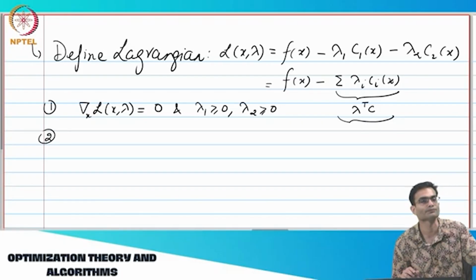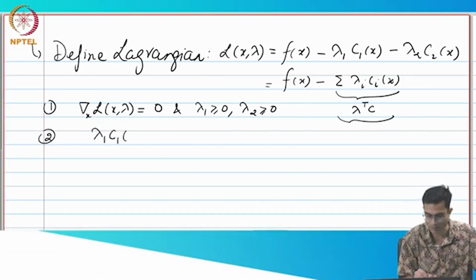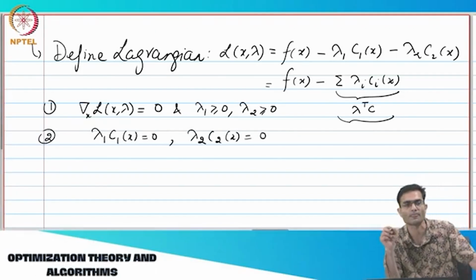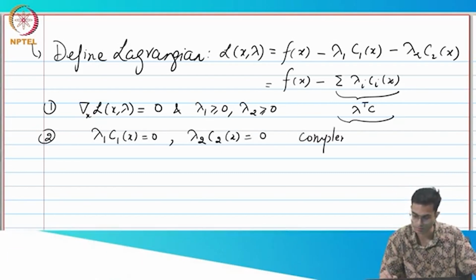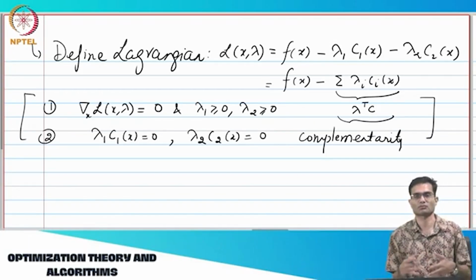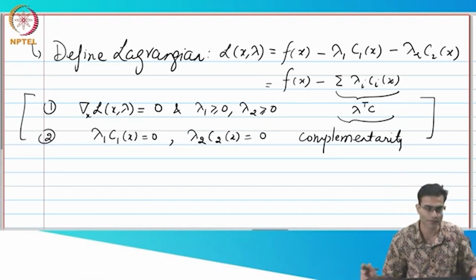Statement 2 was complementarity: lambda 1 C1 equal to 0, lambda 2 C2 equal to 0. So if you had more constraints, you would just keep expanding. If there are n inequality constraints, then you have n complementarity conditions.